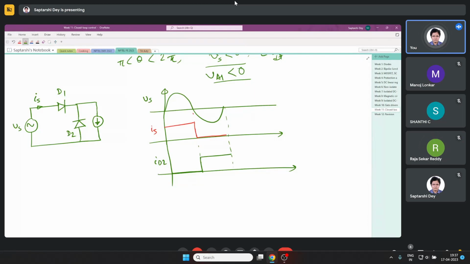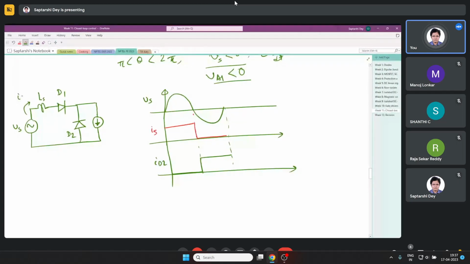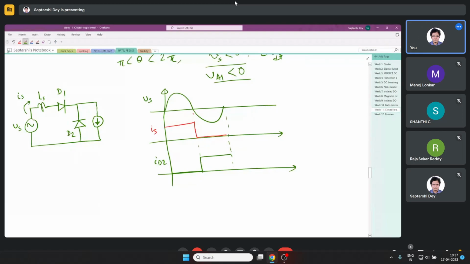Now we are considering a more practical source. What is a more practical source? One that has a small inductor. So this is LS, this is my IS. Now look at this position.